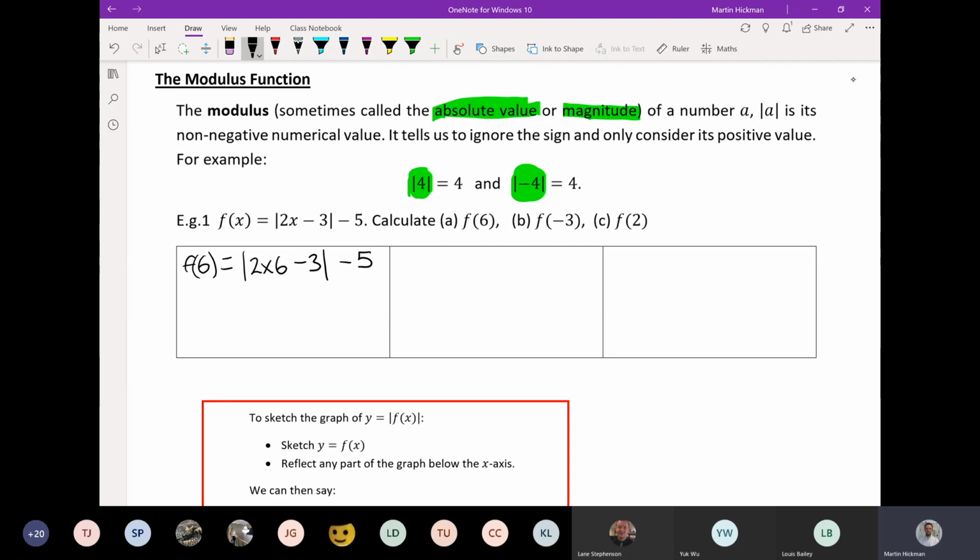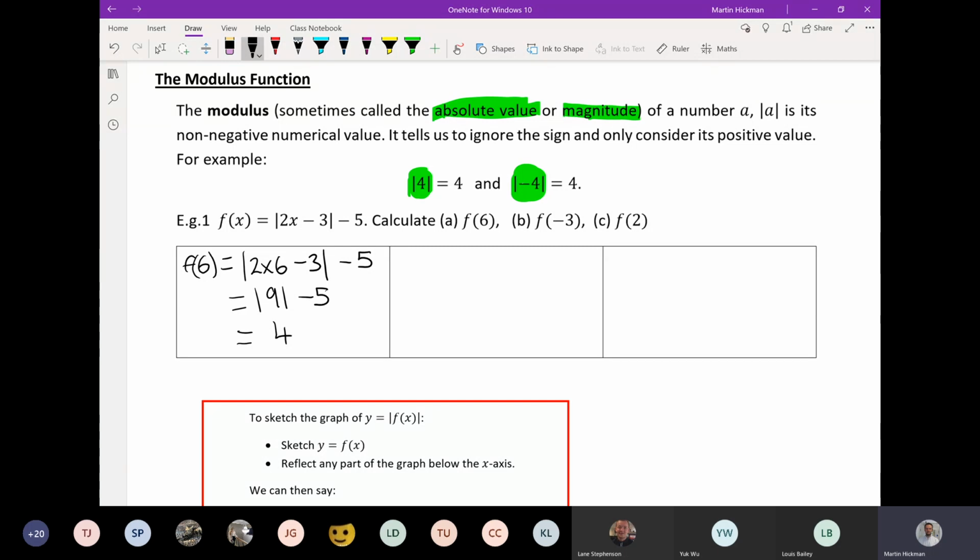Within that modulus, I just get 9. 2 times 6 is 12, take away 3 is 9. So the modulus of 9 is just 9. So this simply is going to give me an answer of 4. The modulus of 9 is still 9. So really, there was no difference there having that modulus in there.